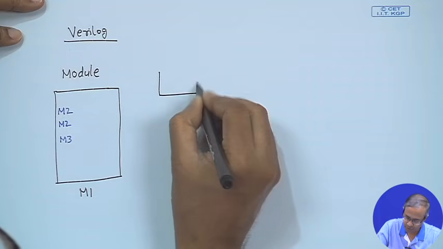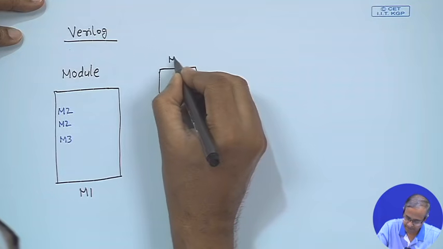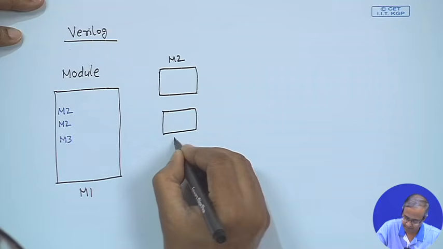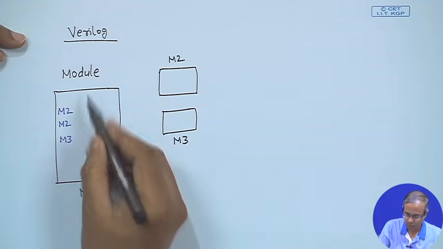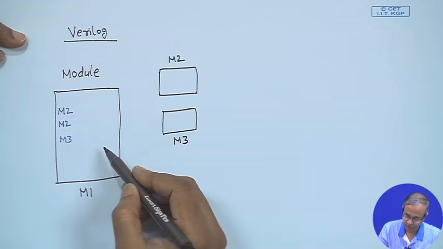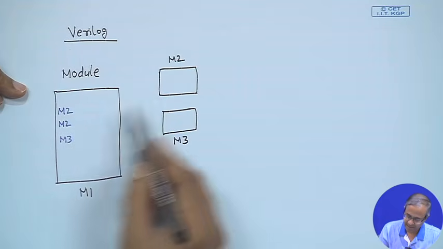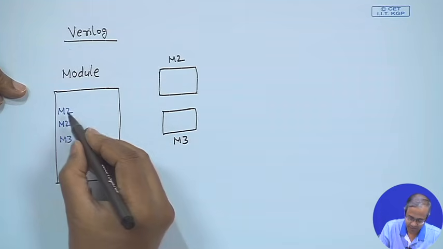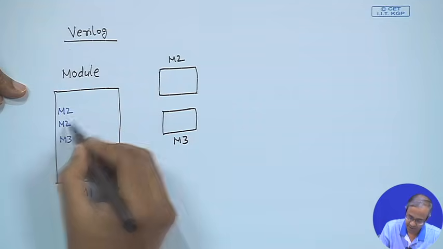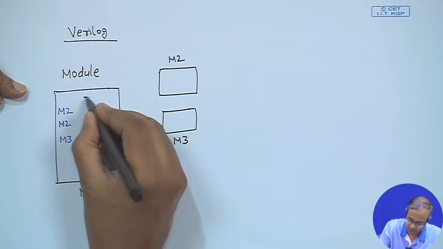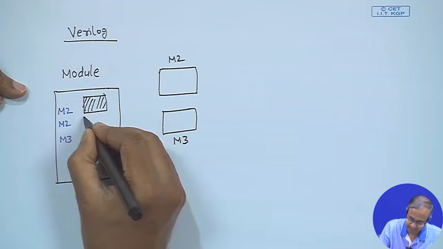My M2 module is already defined, my M3 module is already defined. Now, whenever these modules are invoked, it is not exactly like calling a function in C. For example, you are invoking M2 2 times, so inside this module 2 copies of M2 will get embedded.